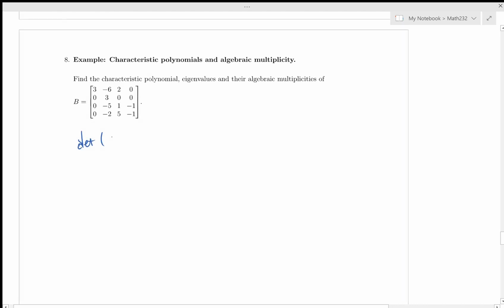Determinant of lambda I minus B, and that is going to be this guy here: lambda minus 3, 6, minus 2, 0, 0, lambda minus 3, 0, 0, 0, 5, lambda minus 1, lambda plus 1, 0, 2, minus 5, lambda plus 1, like that.